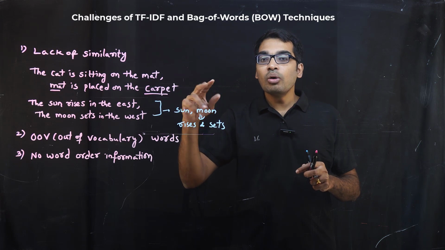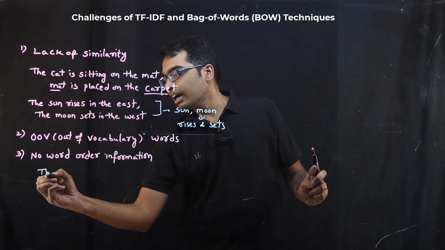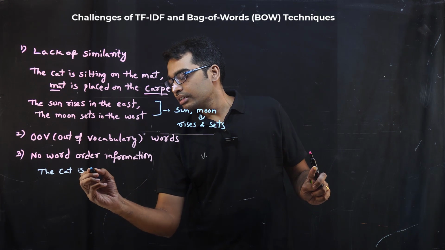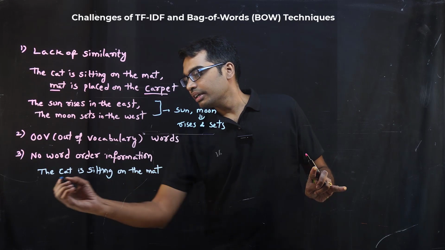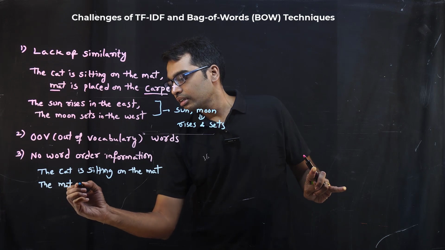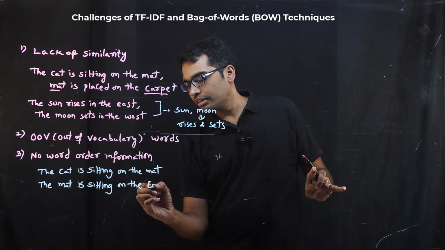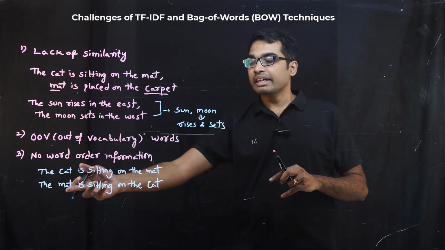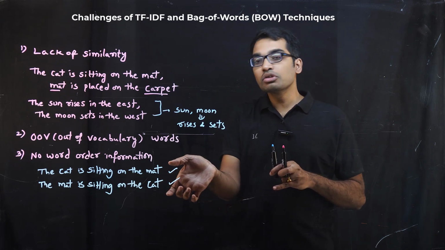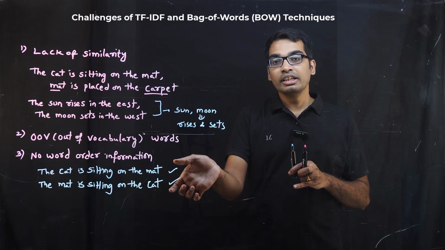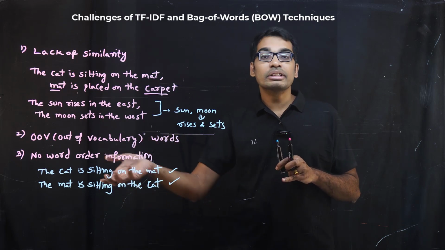People write like this by mistake too. But usually the TF-IDF or the bag-of-words approach gives you the same vector representation for both of the sentences, although the complete sentences are different.